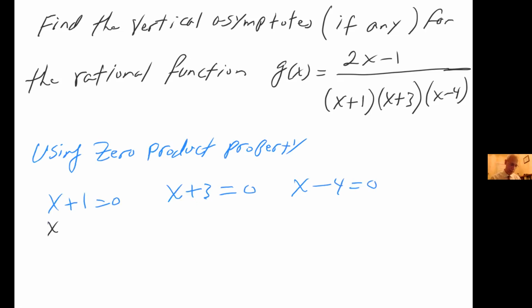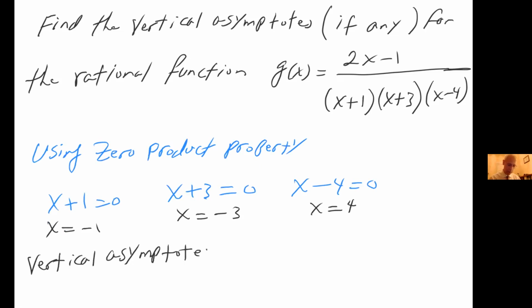This gives me x equals -1, x equals -3, and x equals +4. So vertical asymptotes at x equals, let's start with the smallest, -3, -1, and then 4.